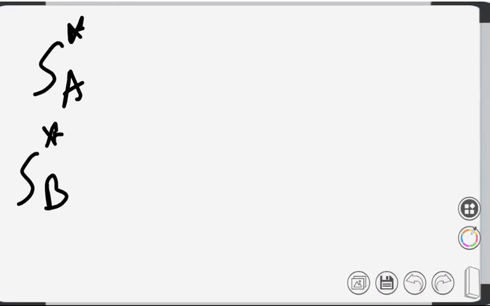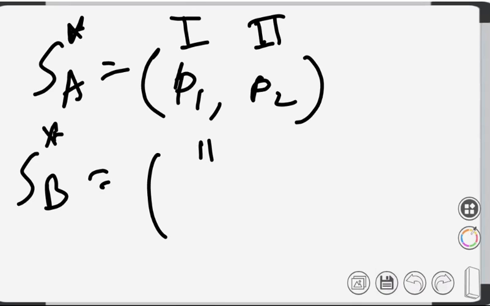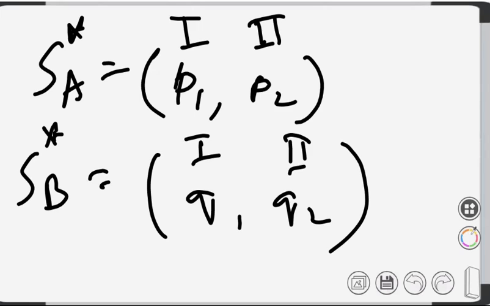So what is SA star? SA star means the optimal strategy of A. Since it is a mixed strategy, in this case both the strategies will be optimum, but with some probabilities. The probabilities are P1 and P2 for A, and for B, the probabilities are Q1 and Q2. That is what is represented in the matrix in the theorem statement.